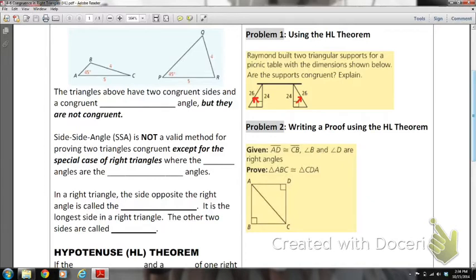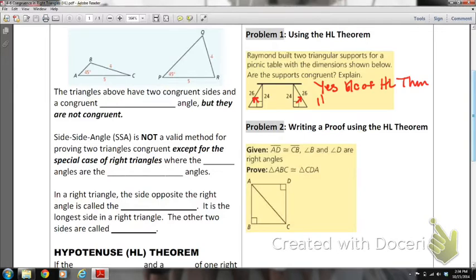So we do have the hypotenuses congruent. We have a pair of congruent legs. So we can say yes, they are congruent because of the hypotenuse leg theorem. So let's just again state what's congruent here.